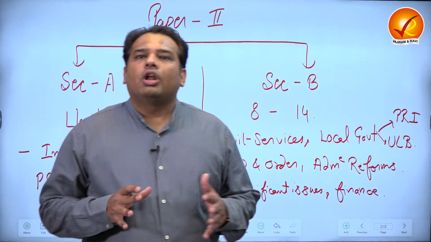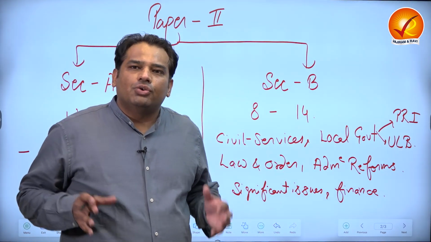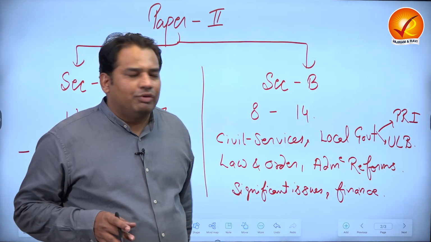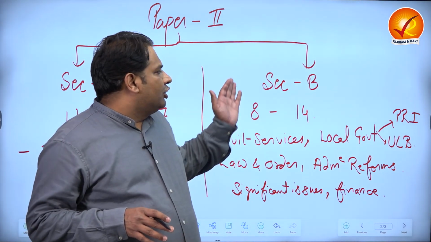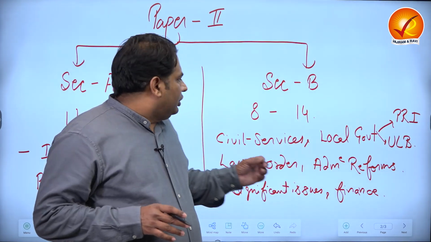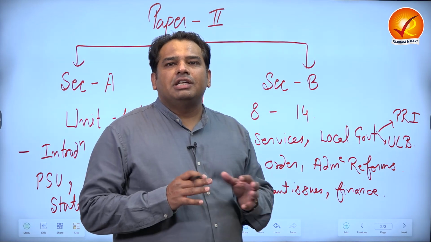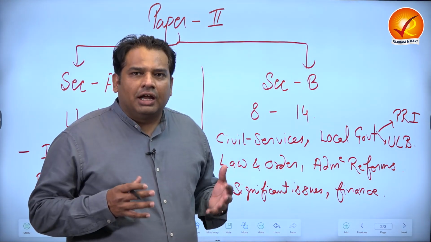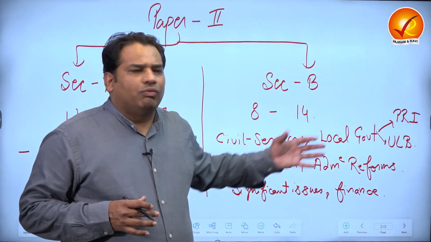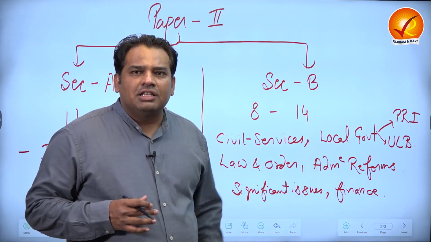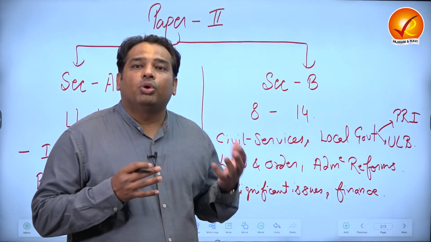These are the holistic number of topics or units within paper 2, which covers unit number 8 to unit number 14. It appears that only 6 are written, but panchayats and municipalities are 2 separate units, and I have just clubbed them together for a wider understanding that local self-government will include both of them.